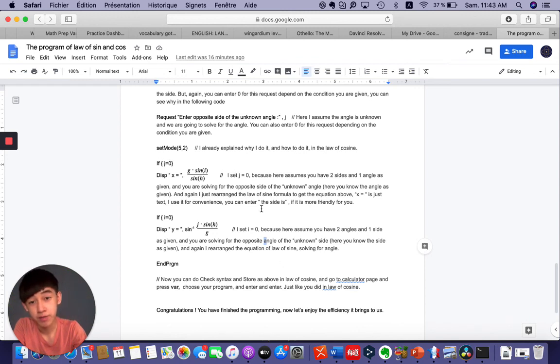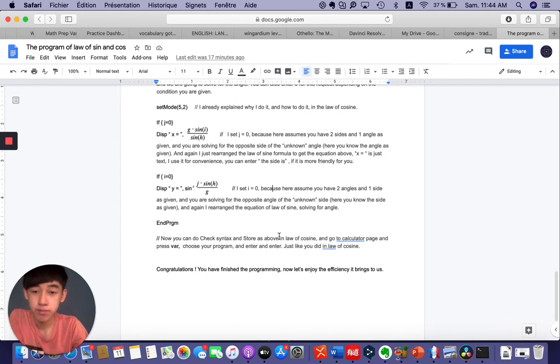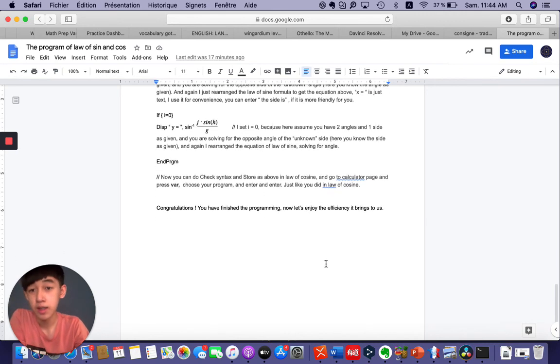And as you see, I put a lot of explanations here just to explain more clearly. So here is also the end of the program, and now you can check syntax and store.